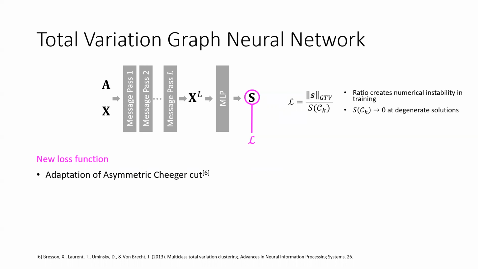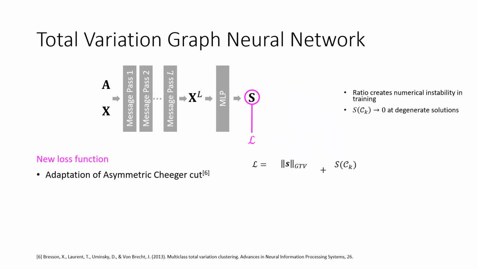However, having such a ratio within a loss used to train a neural network is not a good idea, since it can create numerical instability during training, especially when the denominator approaches zero in the proximity of the degenerate solution, which is something that often occurs at the beginning of the optimization procedure.